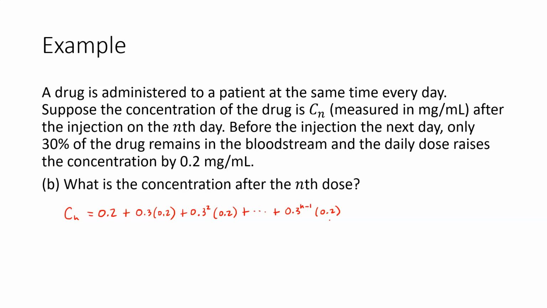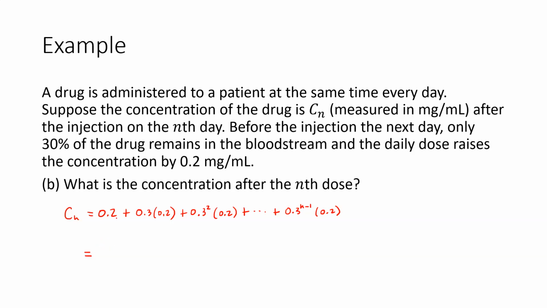Right, so continuing that pattern, I see it's a geometric series where the first term is 0.2, and the common ratio is 0.3, so I'm multiplying by 0.3 to go from one term to the next. Since it's a geometric series, we can use the partial sum formula for a geometric series.